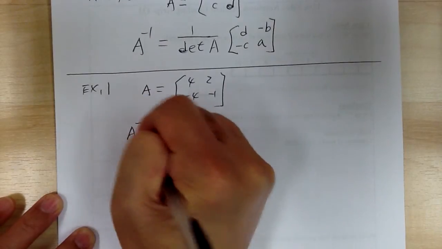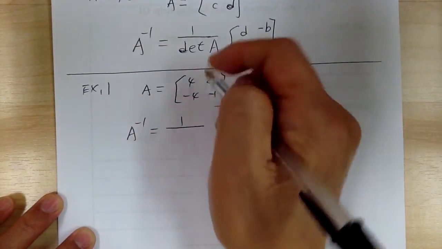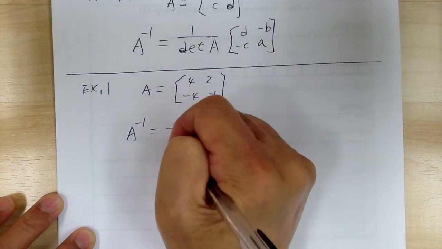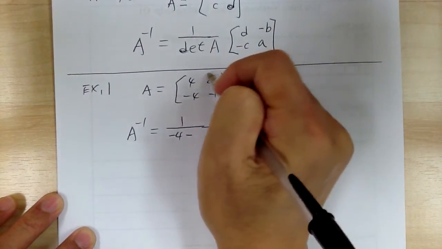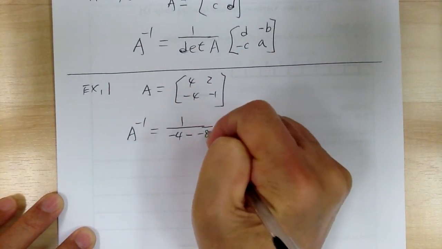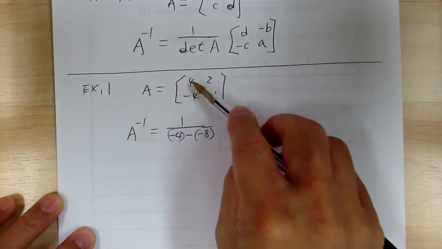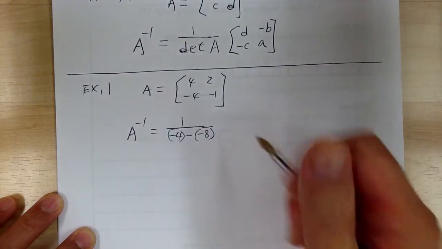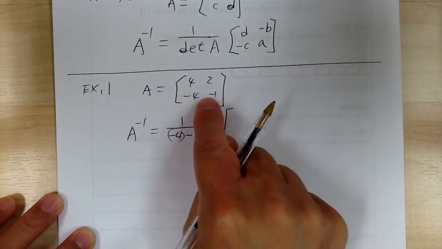So the inverse of A is equal to 1 over the determinant. The determinant is this diagonal minus this diagonal, so it'd be negative 4 minus negative 8. Make sure you get this done before you start to mess with your matrix.